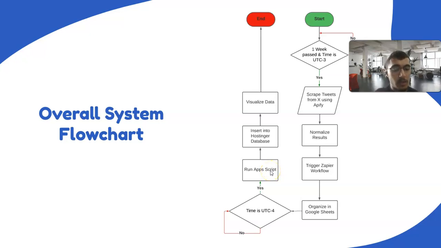We have a script using JavaScript that will connect to our remote database. You are provided with the connection details including the username, the database name, password, as well as the host name. And then it inserts all of the rows, all of the tweets and information, into our remote Hostinger database. And then that data is later visualized when the website is opened.